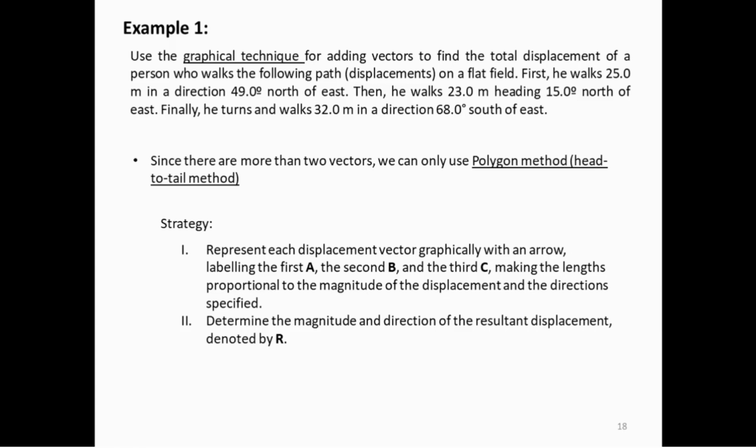Next, we determine the magnitude and the direction of the resultant displacement, or the resultant vector denoted by R, by using the ruler and protractor. Again, we do not have to use a calculator because we are using the graphical technique.